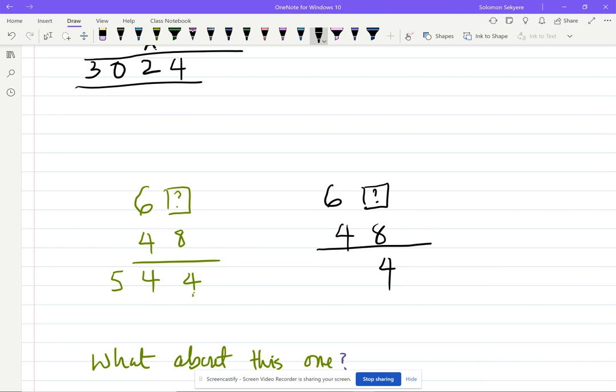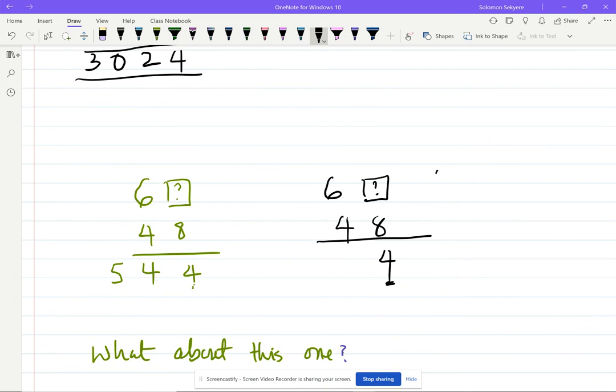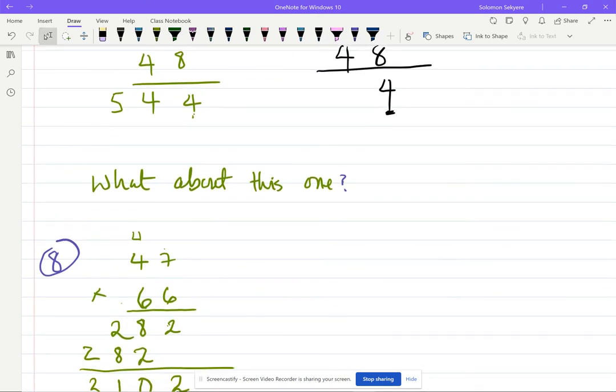Always remember, the number here means there's a number that you multiply by 8, and the number in the ones place is a 4. What is that number? Now, in your 8 times table, you know the only number will be 3, right? So we're going to do some exercises here, and that's how we're going to figure it out.